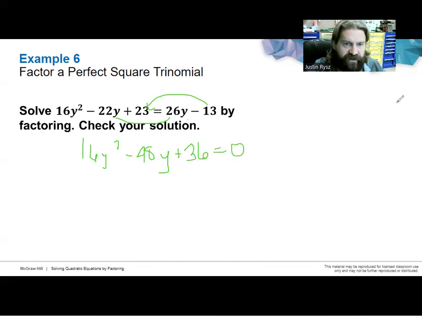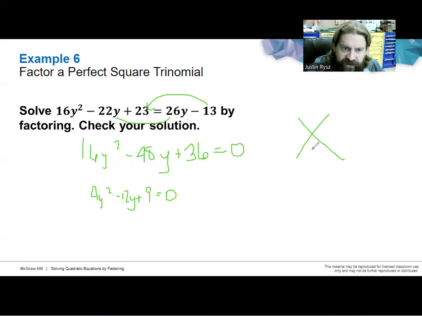Okay, can I divide them by anything to make my life easier? 36 does divide by 6. Divide everything by 4. Yeah, I can divide everything by 4 and get a 4y squared minus 12y plus 9. But that's as far as we can take it here.